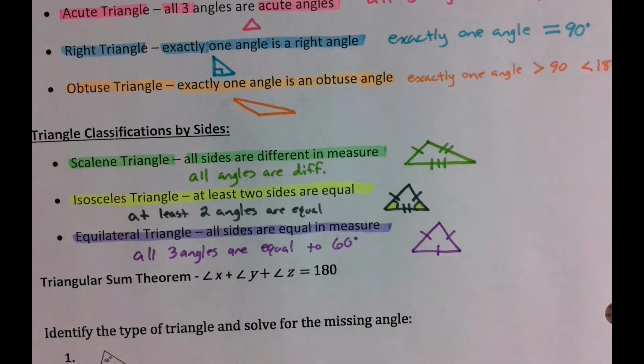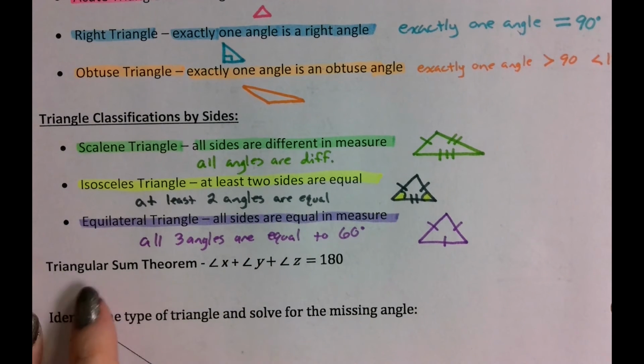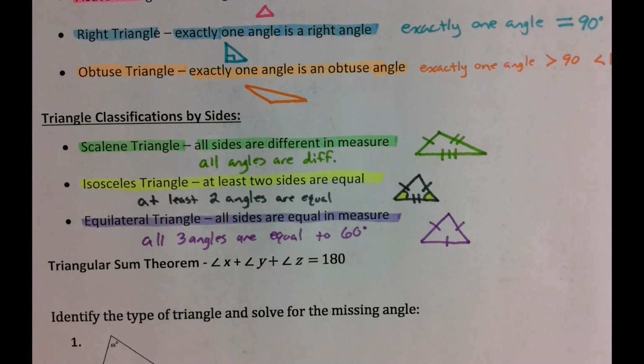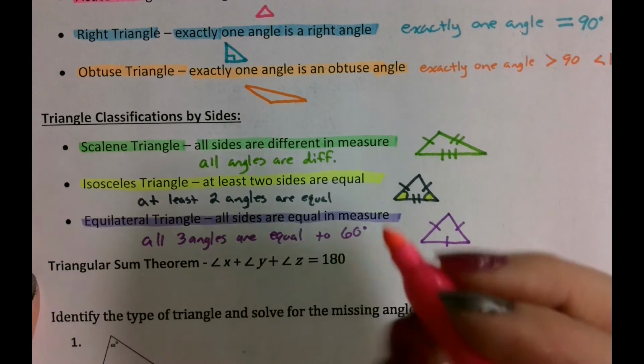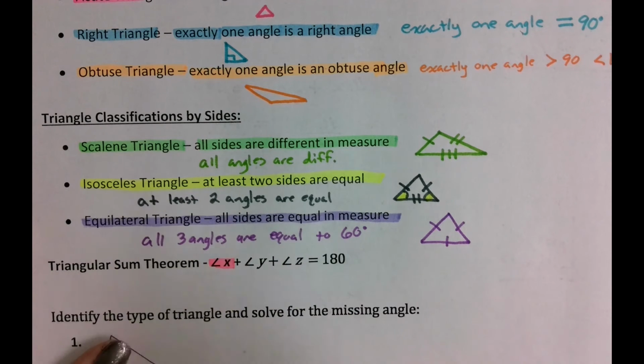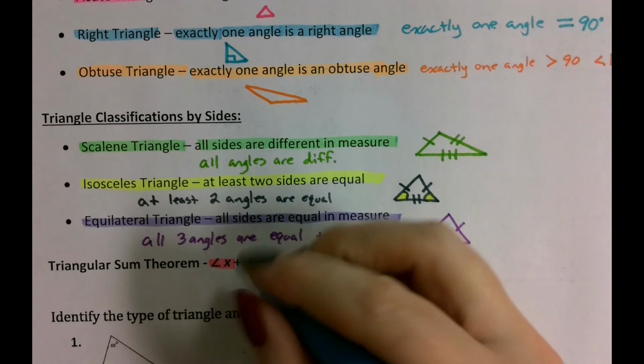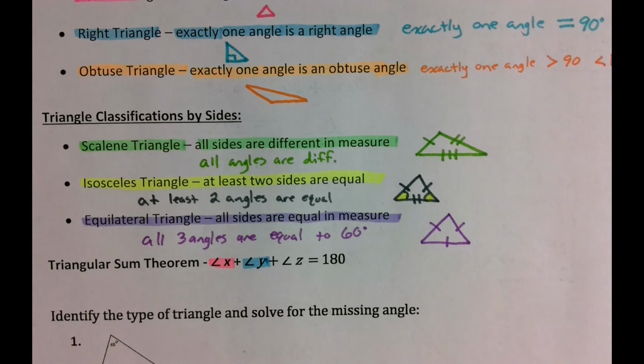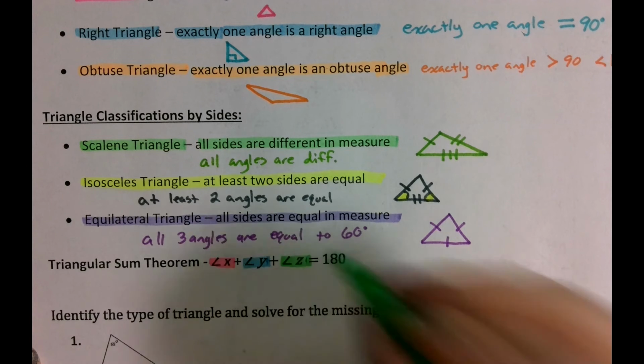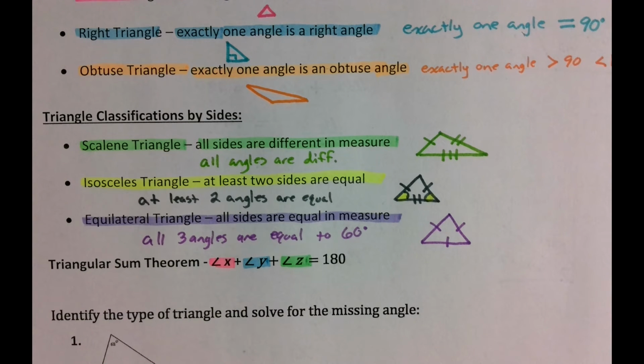And how I know that they're going to be 60 degrees is because of this theorem right here, the Triangle Sum Theorem. The Triangle Sum Theorem states that if you add all 3 angles together, it's going to equal 180 degrees. So angle X plus angle Y plus angle Z is going to equal 180, no matter what type of triangle it is.